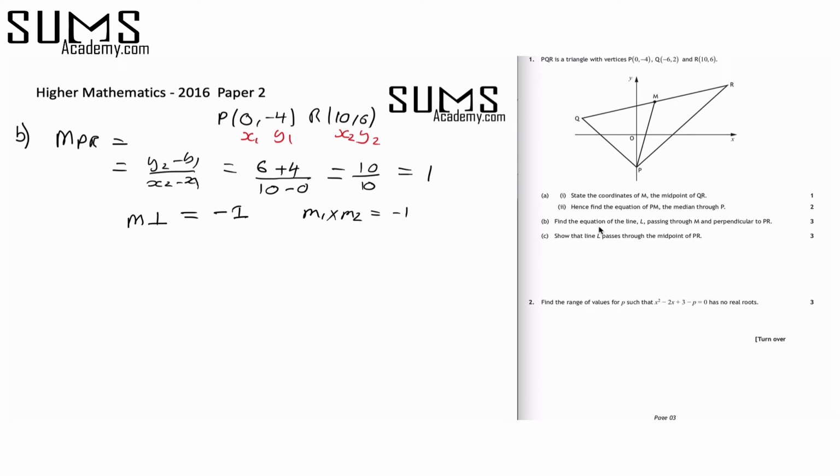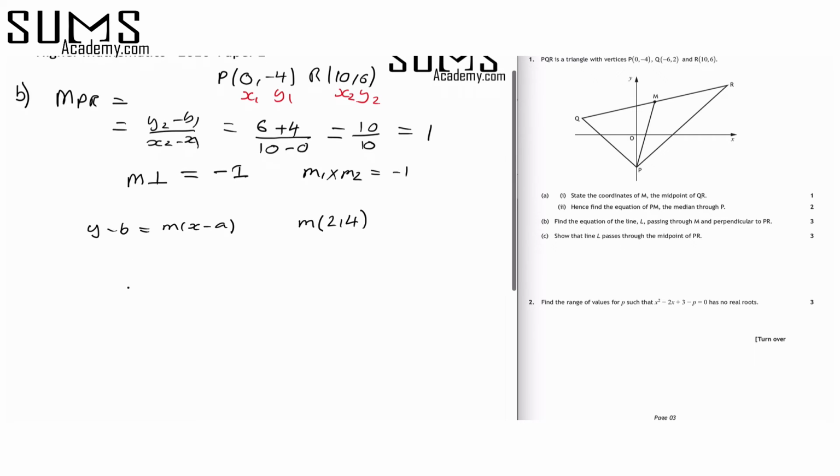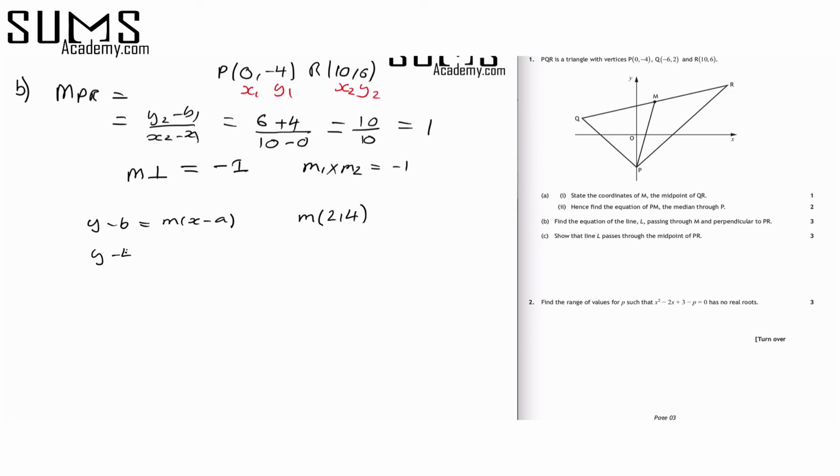So we want to find the equation of the line that passes through M and has this gradient, so y minus b equals m times x minus a. It's passing through M, which is (2, 4) from the previous question. So y minus 4 equals -1 times x minus 2.